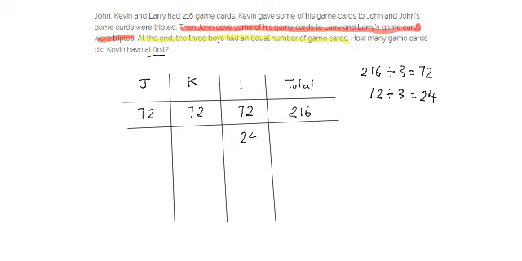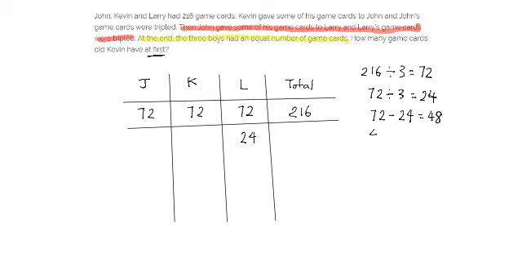How did I get this 48? Because 72 minus 24, the 72 I'm looking at is this, 72 minus 24, and that will give me 48. These 48 cards is actually returned to John.